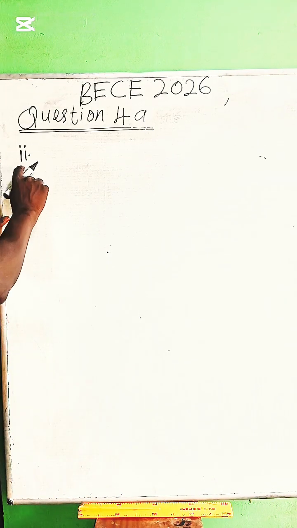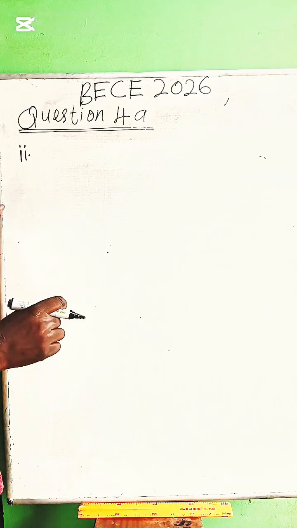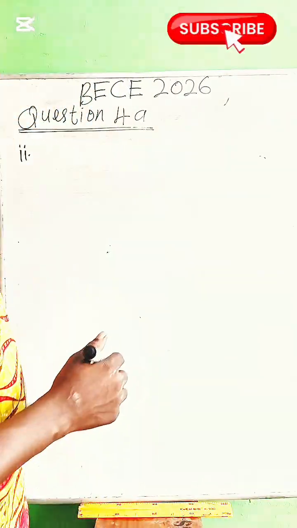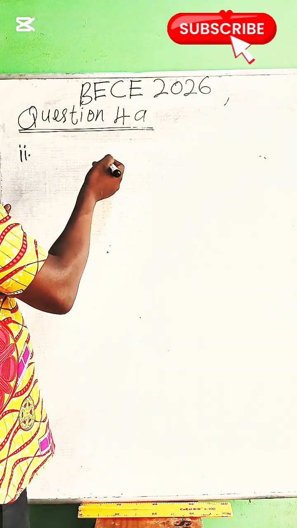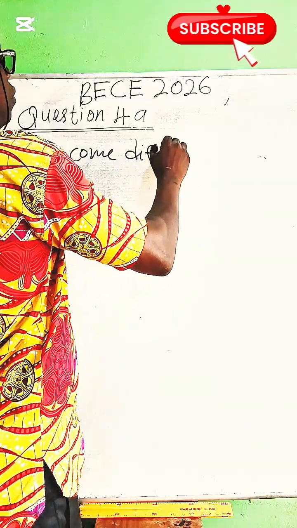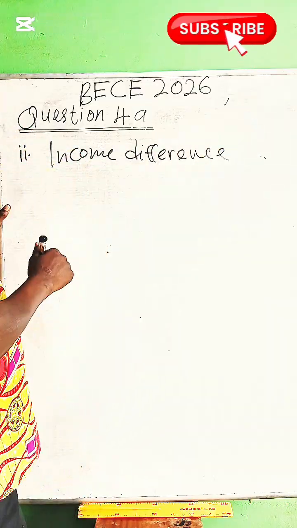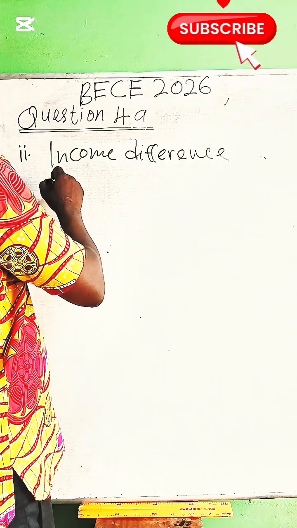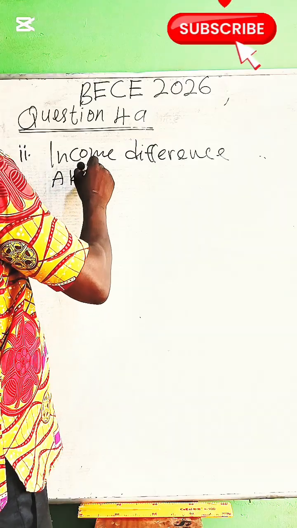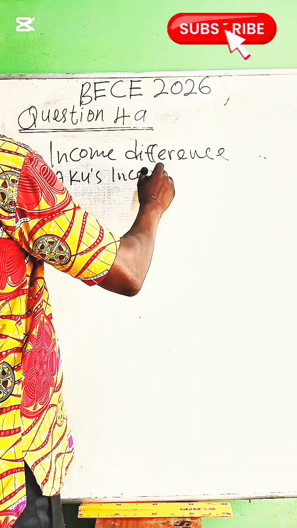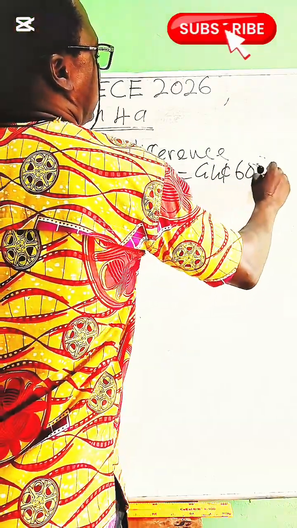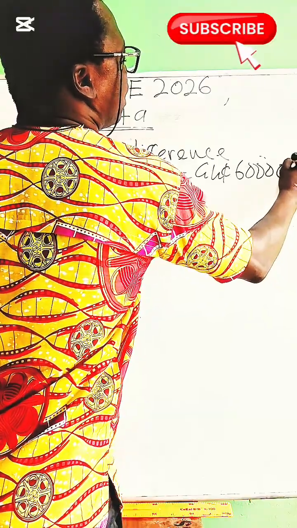Part (ii) says that we should look for the income difference between Aku and Dagadu. I know Aku's income to be equal to 60,000 Ghana cedis.